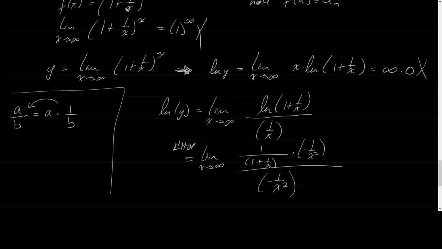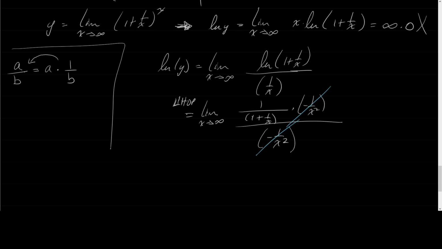At that point, I have a negative 1 over x squared on top and on bottom, so they cancel each other out. As x goes to infinity, this 1 over x goes to 0. So overall I end up with ln of y equal to just 1, right? Because everything else cancels out. And if ln of y is equal to 1, that tells us that y is equal to e to the 1, in other words, e.